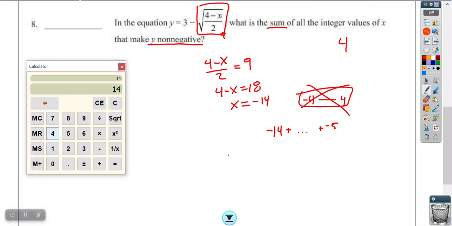So 14 plus 13 plus 12 plus 11 plus 10 plus 9 plus 8 plus 7 plus 6 plus 5. All right, so the sum is 95. They're all negative, so therefore the sum of all of them is negative 95. Oh, that's not half bad, is it? All right, there you go.